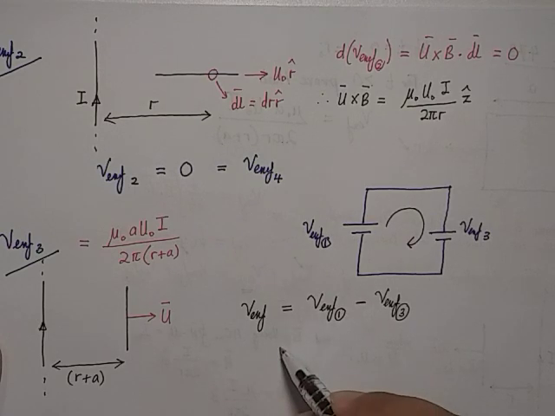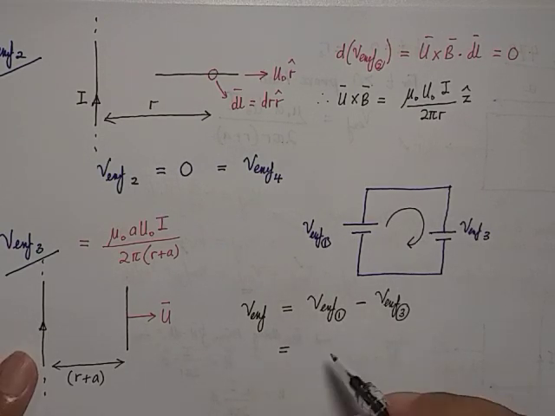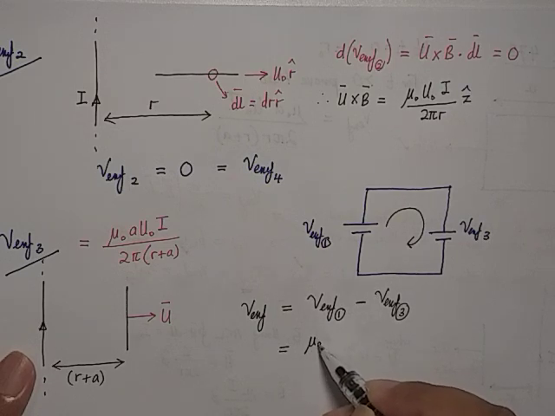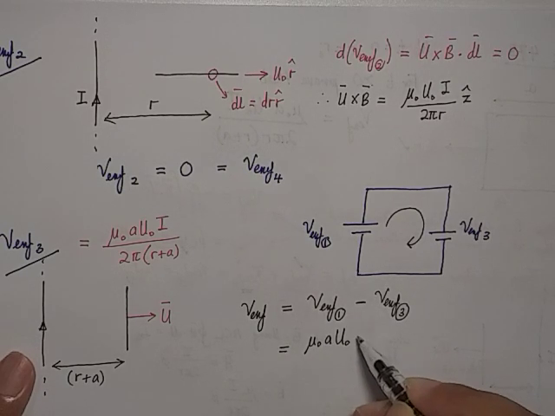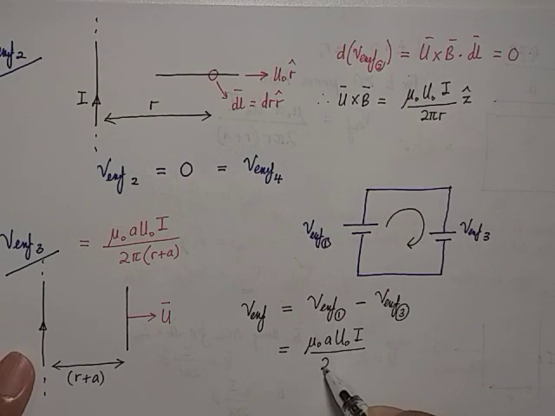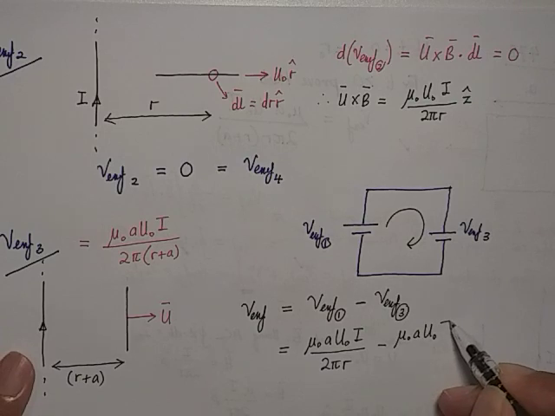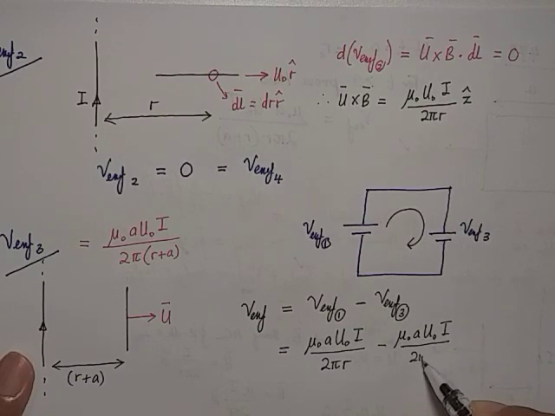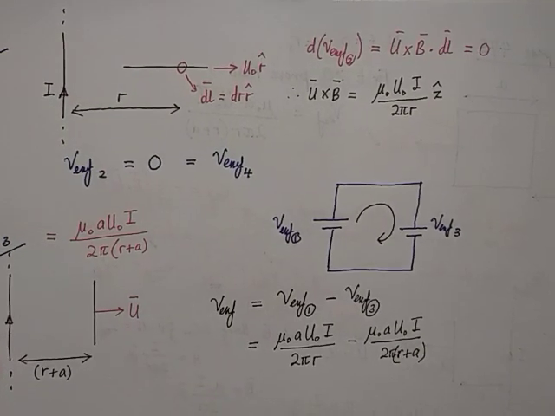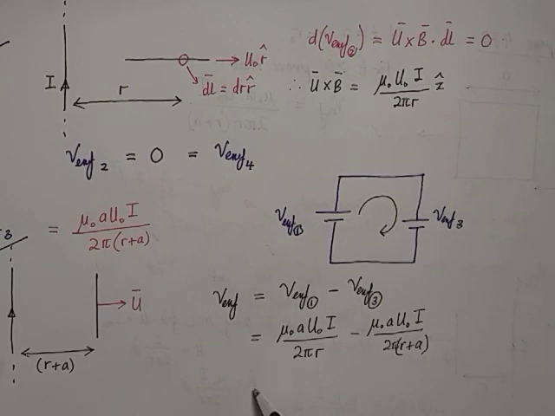So let's substitute. So this should be equal to mu naught A U naught I over 2 pi R minus mu naught A U naught I over 2 pi (R plus A). Okay, and then if we are going to simplify the solution, we're going to take the common term over 2 pi.